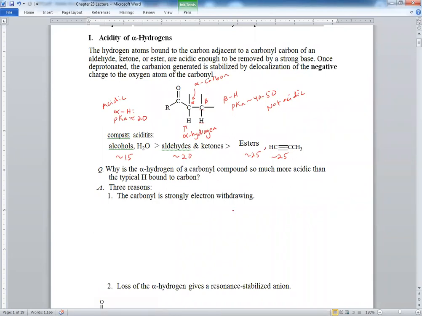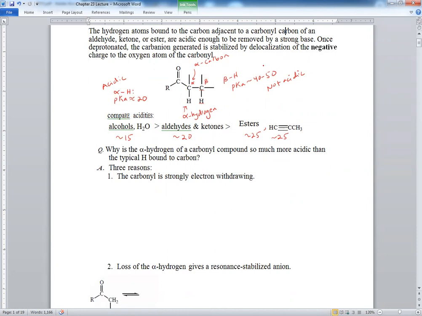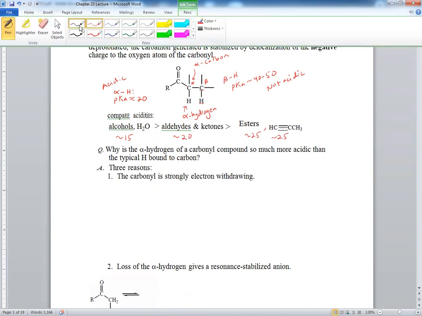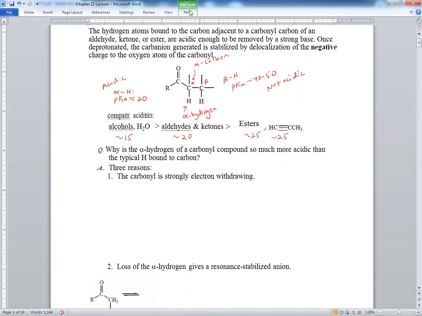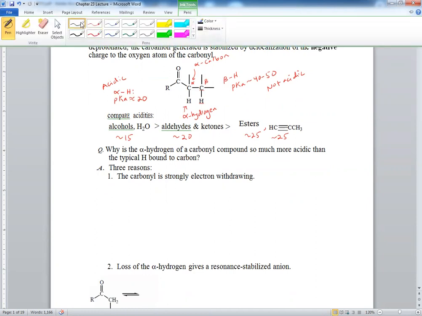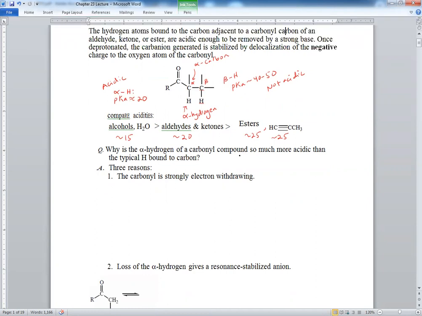So let's take a look at the carbonyl effect on the acidity of the alpha hydrogen. The question here: what is the alpha hydrogen of a carbonyl compound, and why is it so much more acidic than the typical H bound to a carbon? So let's take a look. If we have an R group here, and let's make this carbon shown.